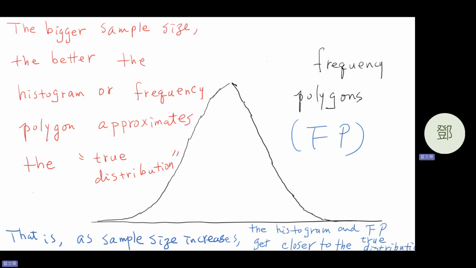Your answer should be: as the sample size increases, the histogram and the frequency polygon get closer to the true distribution. Hey, this is a fake distribution, and so is the histogram in the previous slide. They are both fake. Okay? They are fake distributions.